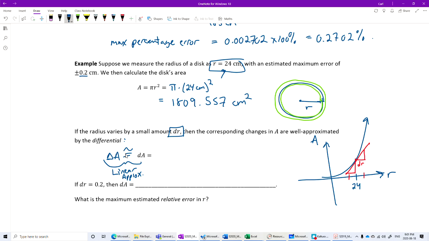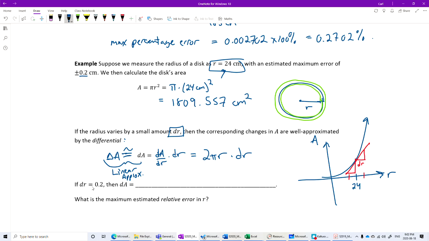Changes in A are approximately the same as dA, which is dA/dr times dr. What is dA/dr? dA/dr will be 2 pi r, right? Bring down the 2 pi r times dr. Okay, now we're somewhere.